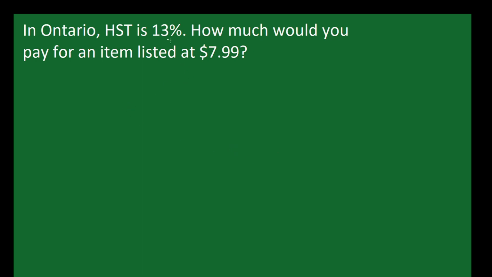So what you can do is you can find what 13% of this is, right? You can say 0.13 multiplied by 7.99. And if you do this math, what you're going to get is 1.0387. So that's the amount extra that you're going to be paying in tax. If you add these two numbers together, you will get the total amount that you pay, which is really what we're being asked, right?